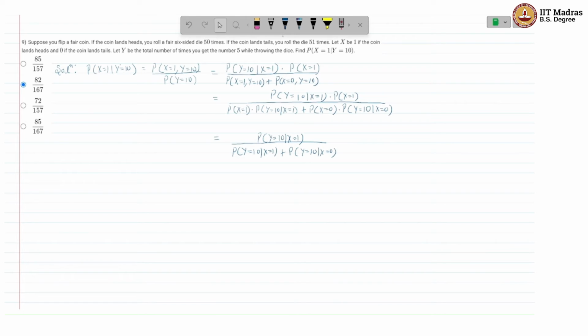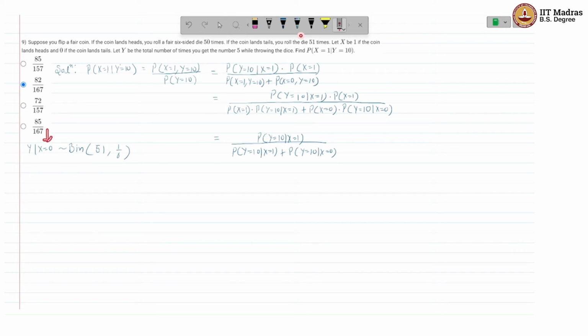So now let us look at the distribution of Y given X. The distribution of Y given X is equal to 0 will be binomial, where n is equal to 51 and p is equal to 1 by 6. And why is that?